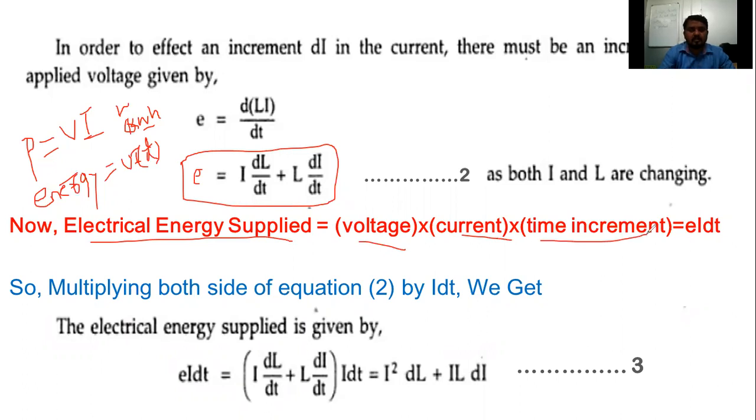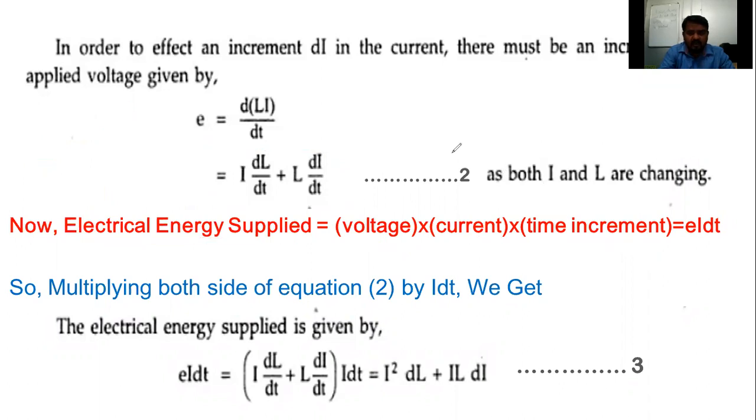Here the voltage we have considered is the applied voltage E, and the current is I. Time increment is nothing but change in time, that is called dt. In the first slide we have discussed this already.